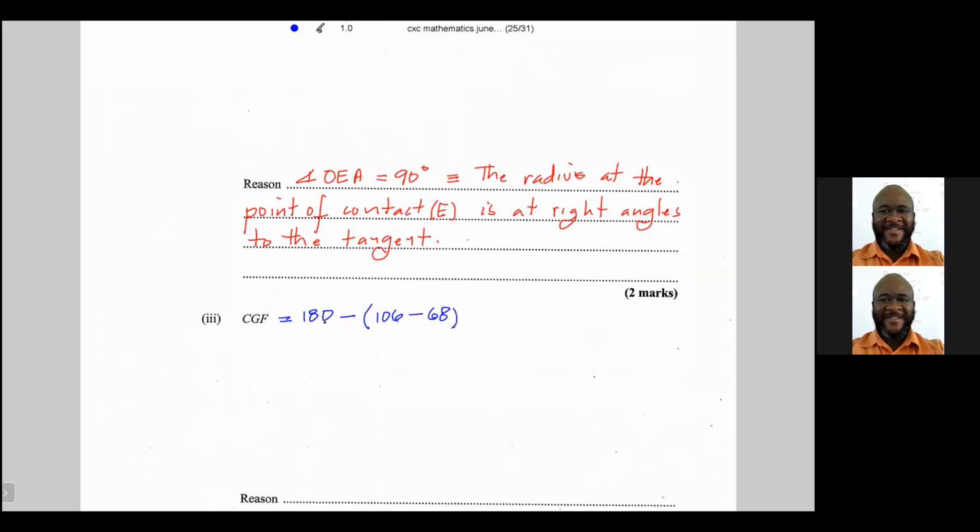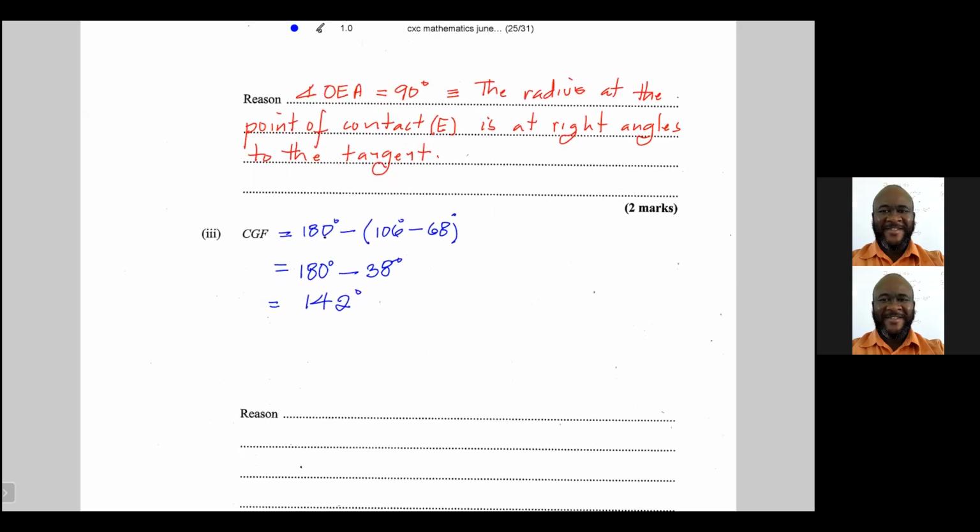All right, let's just get to the answer, then we'll give the reason. This is 180 minus 38. The angle here is 142 degrees. All right, so what's the reason?